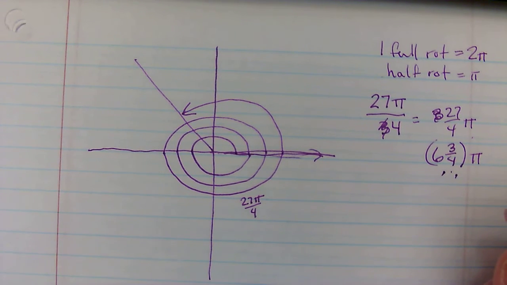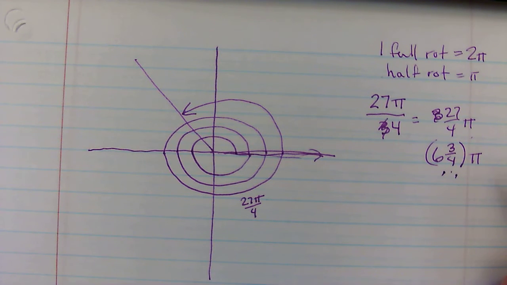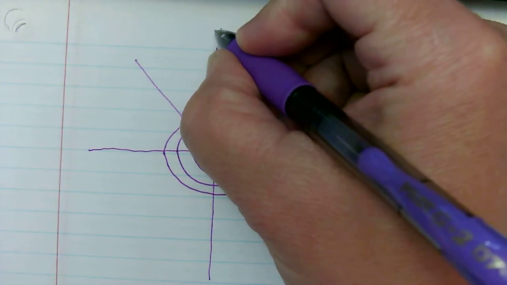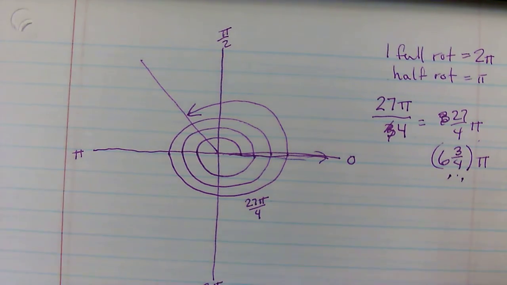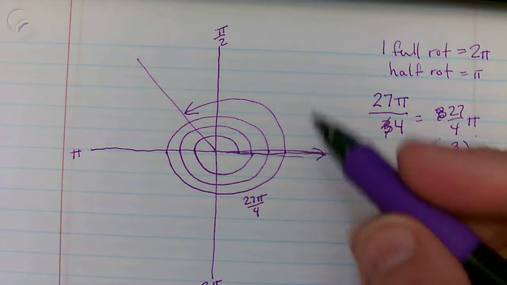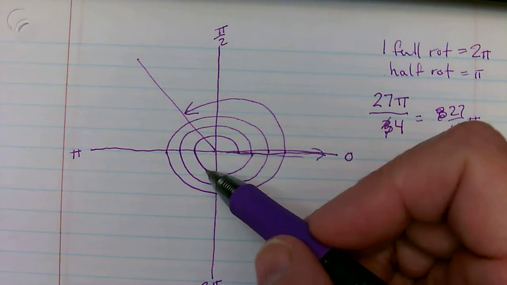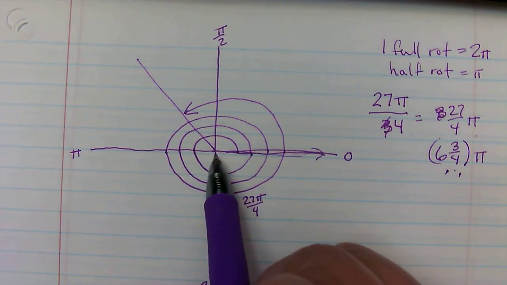But when we start thinking about trigonometric functions of these things, we want to relate it to an angle that we're more familiar with, one that would be between 0 and 90 degrees, or 0 and pi over 2. Remember, we talked about this last week, how you would go around here and label the values. So when we have a terminal ray in any quadrant, we always look at the angle between the terminal ray and the closest side of the x-axis.